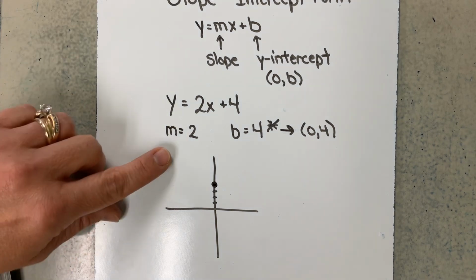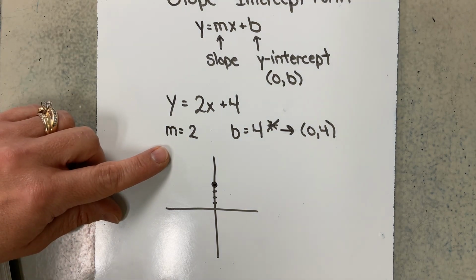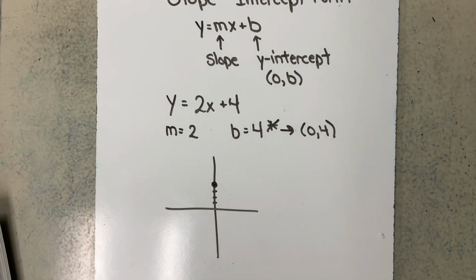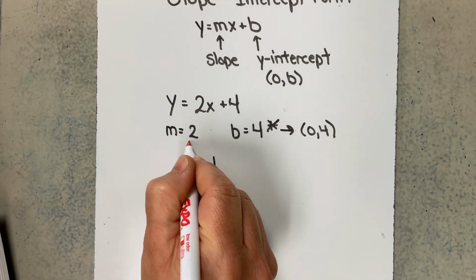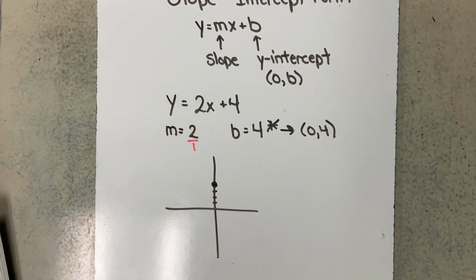Now, from that, we're going to use our slope. We could put a 1 under this because we're looking for a fraction, okay? And what this tells us is this is rise over run, okay? So for slope, it's known as rise over run.